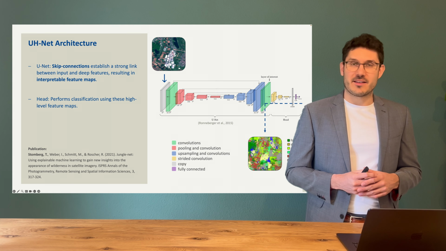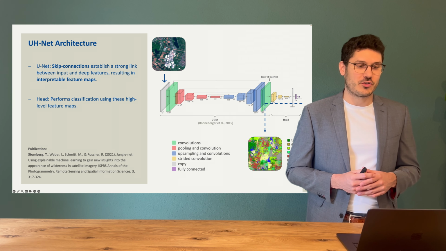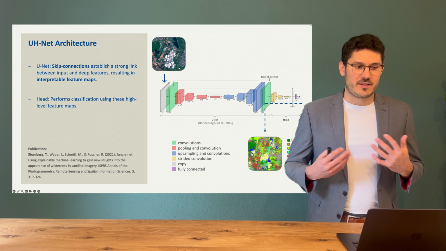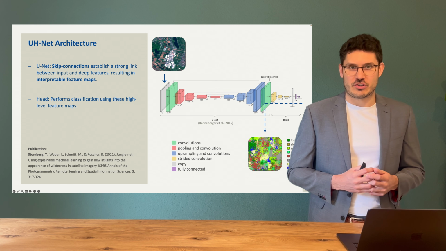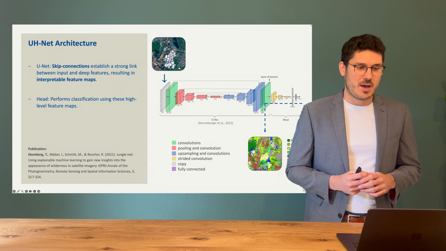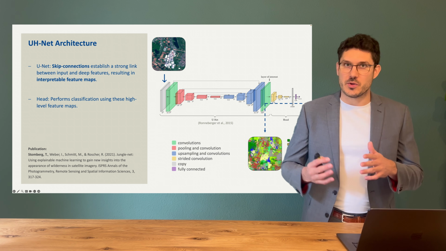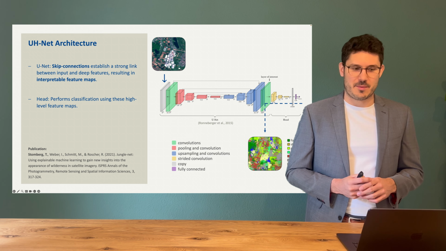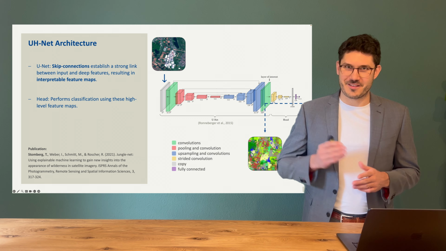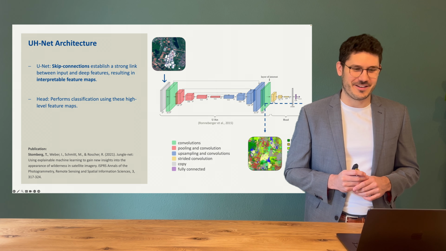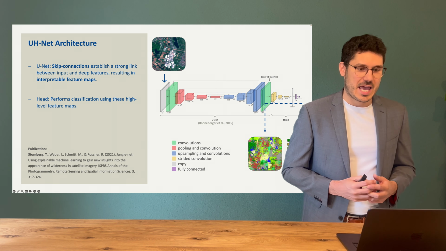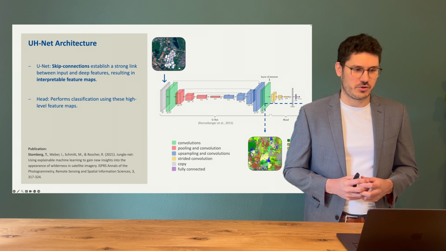And this UNet has skip connections that establish a strong link between the input and the deep features, resulting in an interpretable feature map. Then the head of our network architecture performs the classification using these high-level feature maps. And as you can see, the explanations of this specific layer of interest are high-level, interpretable, and high resolution.